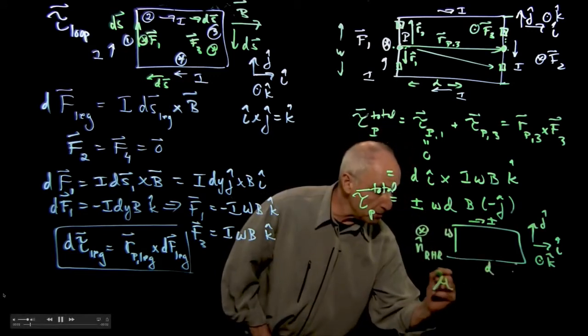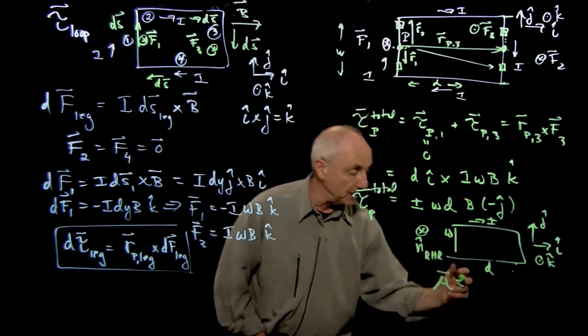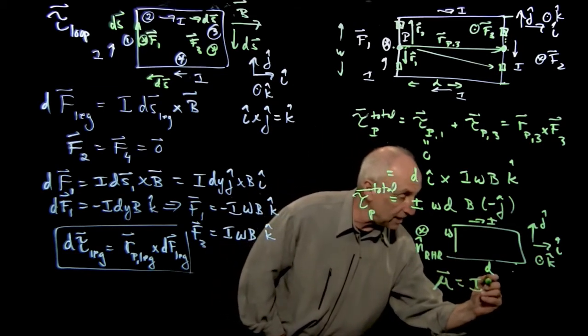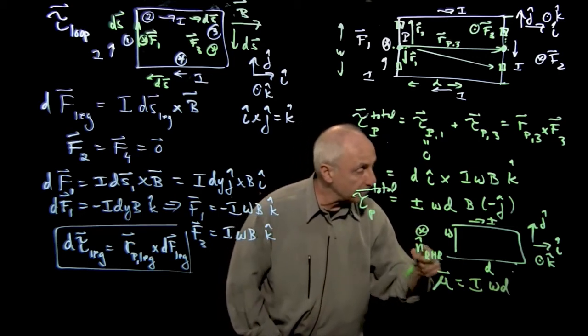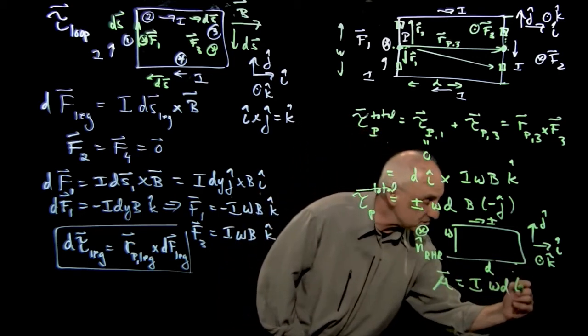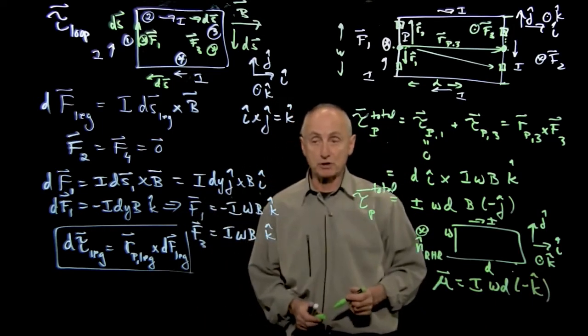So our magnetic moment, mu, remember, its direction is perpendicular to the plane of this. It's the current times the area, which is WD. Now the direction into the plane of the figure here is minus K hat. So that's our magnetic moment associated with this current loop.